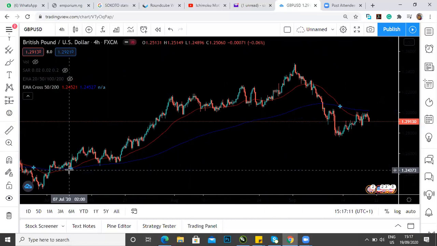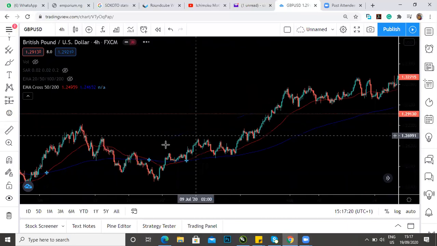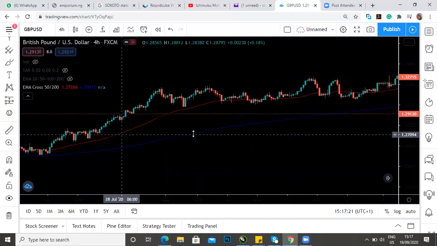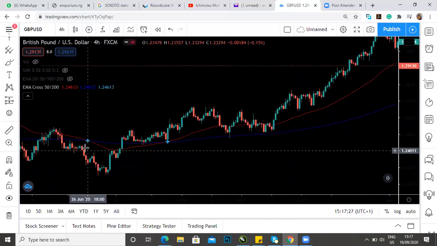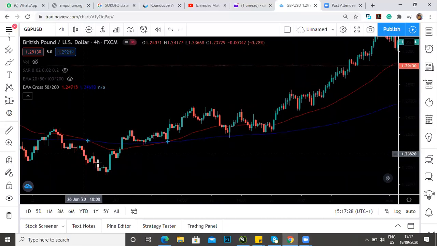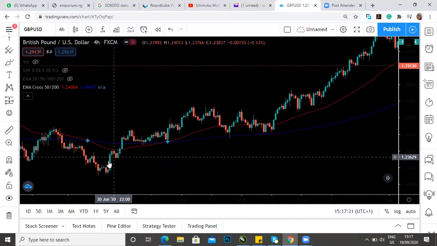And sometimes when the news is affecting the market, it might cross and come back immediately, maybe after a few candles, like what we have here. Now the cross came in here, but from this look of things, this is a new candle.